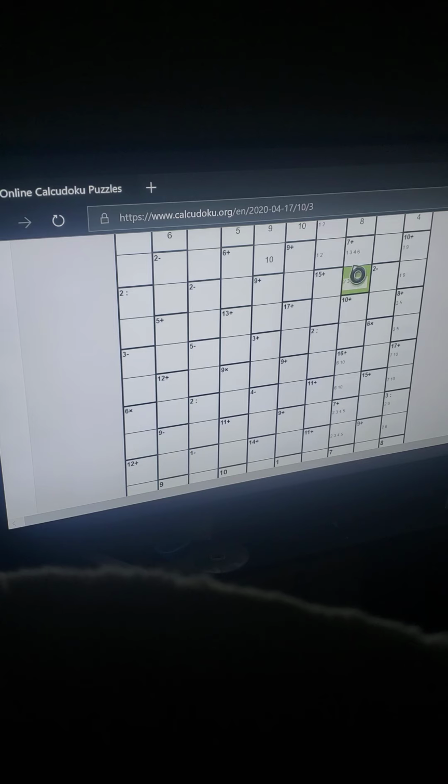Let me correct them real quick. Alright, now the last 2 numbers must be 1 and 9. So this column is complete with the notes.